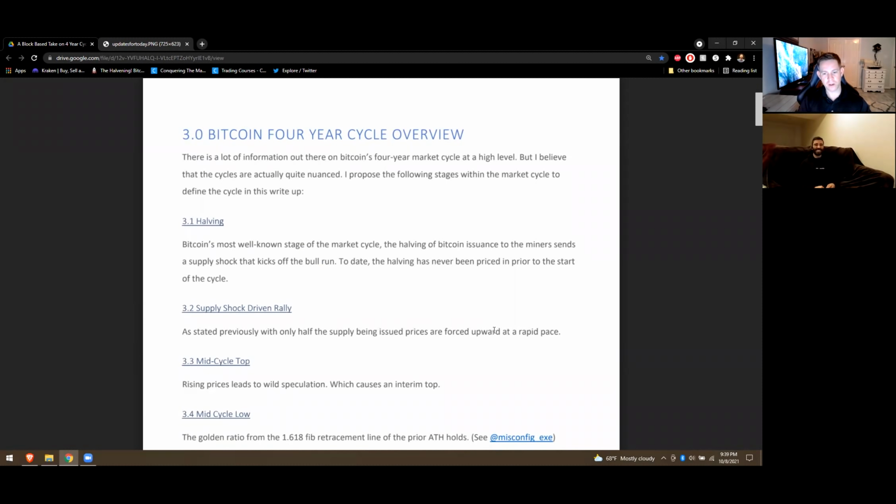But every 4 years, roughly, or 210,000 blocks, more precisely, Bitcoin cuts the supply in half. So it went from 50 to 25, then to 12.5, and it continues to get cut in half. That's what happened in 2020. Was it March or May of 2020, Michael? It was May 11th of 2020.